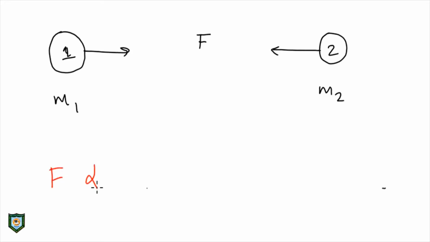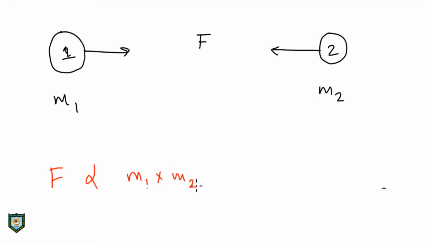There is a clear force attracting them towards each other. So this is mass 1, this is mass 2.